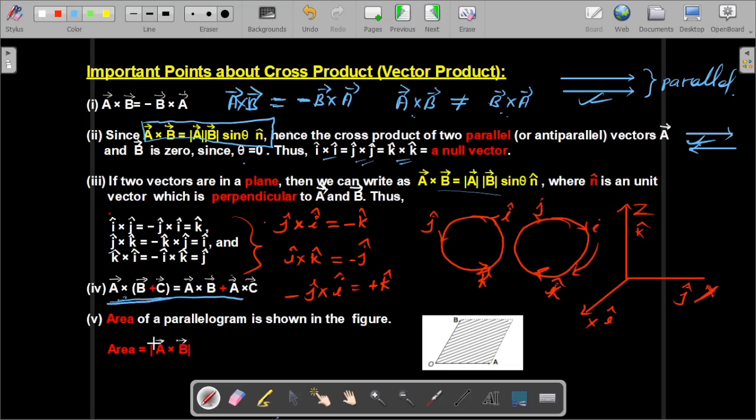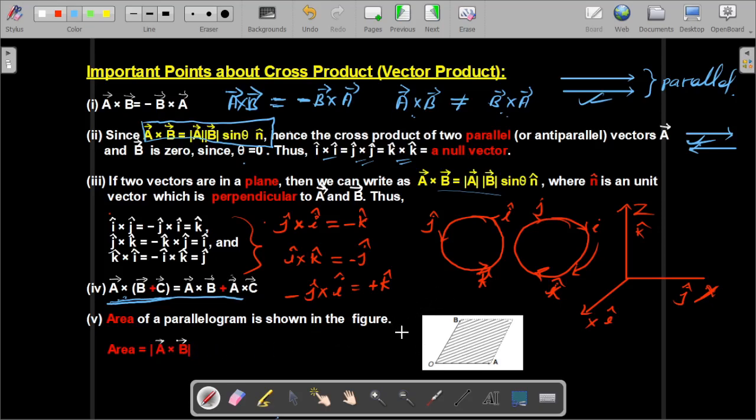And the last point: the area of a parallelogram is shown in this figure. This parallelogram is in this way, right? Physically, a cross b denotes the area of a parallelogram.